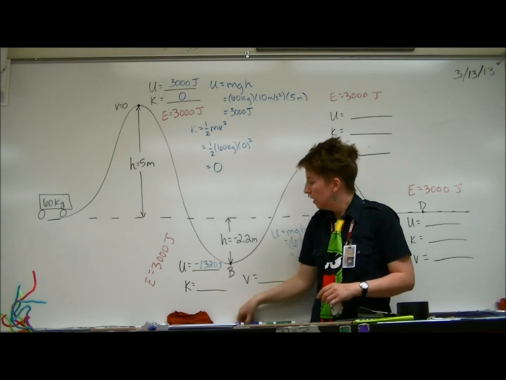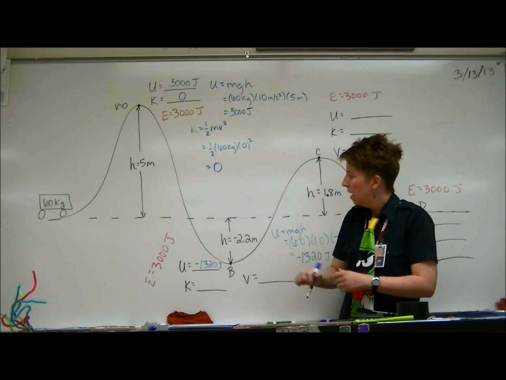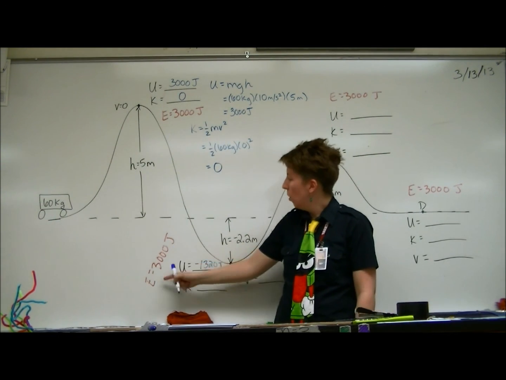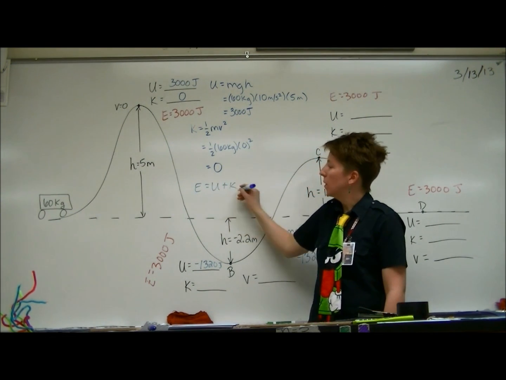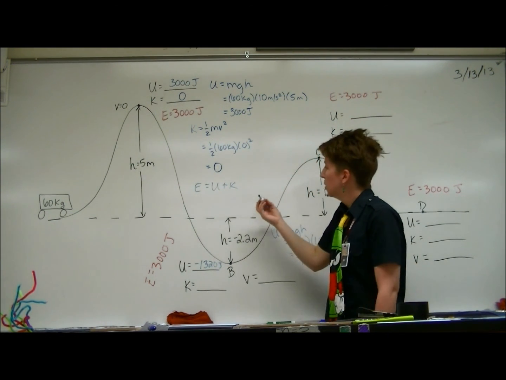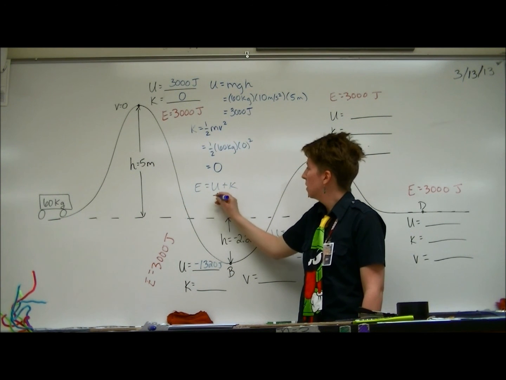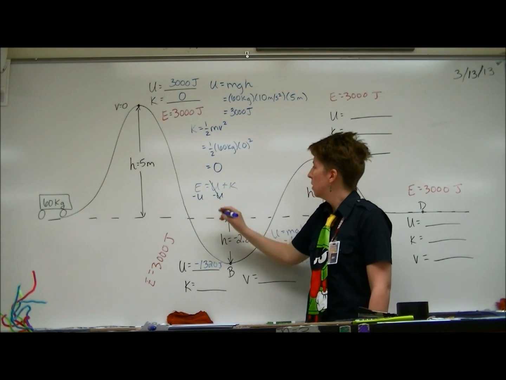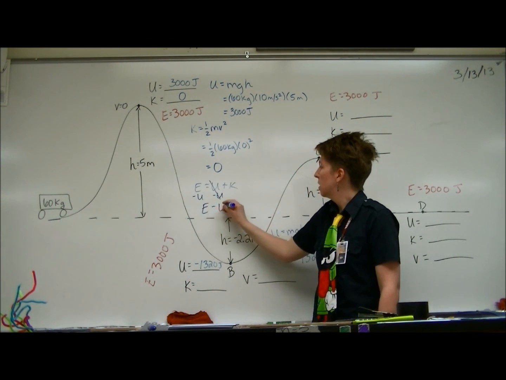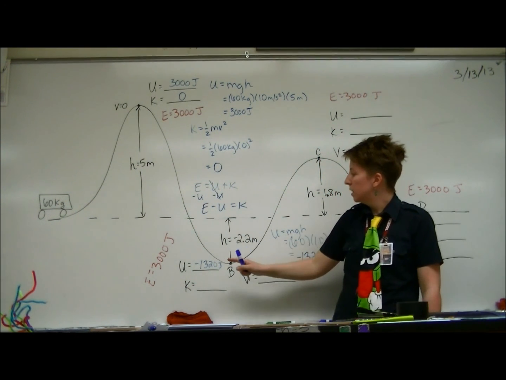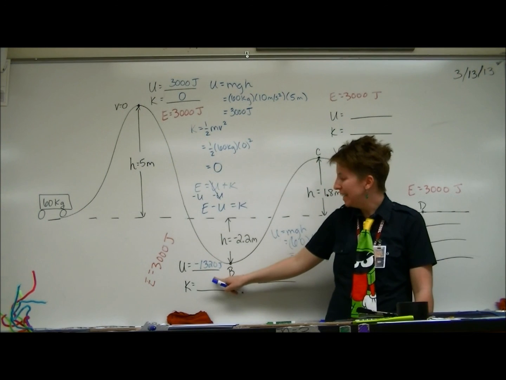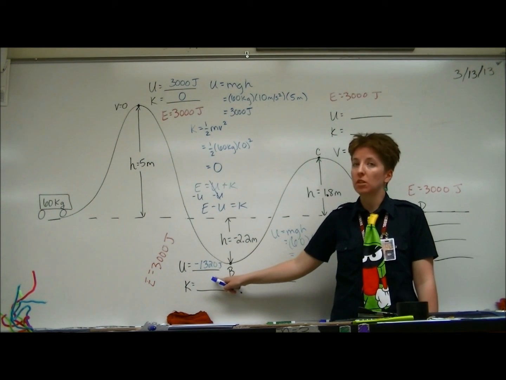To find the kinetic energy, I know that total energy is what you get when you add up both energies. So kinetic energy must be total energy minus potential energy. So in this case, 3,000 minus a negative 1,320.